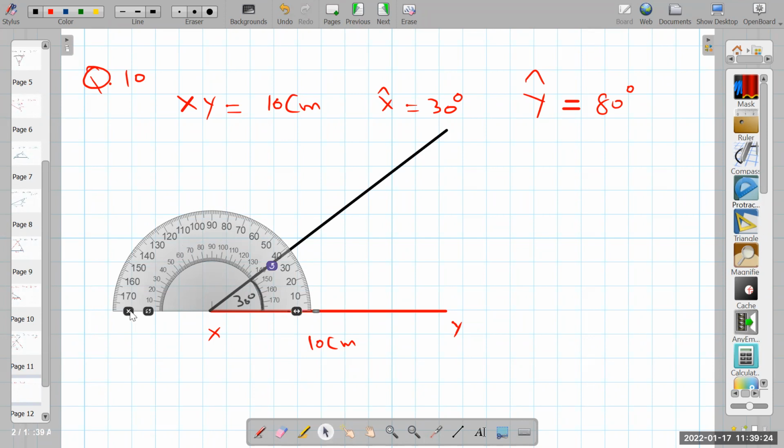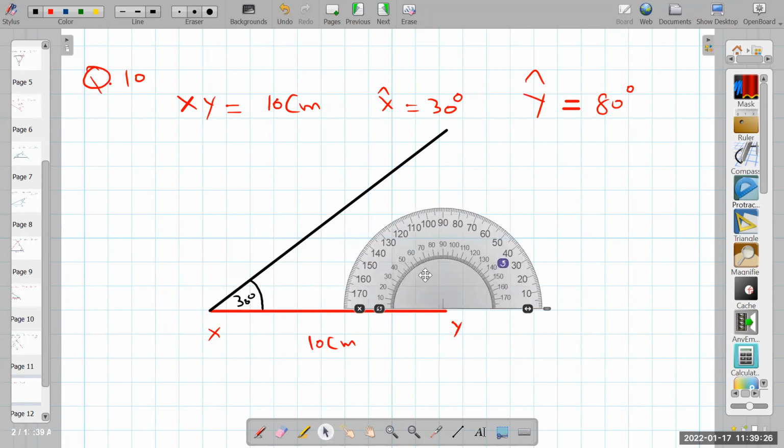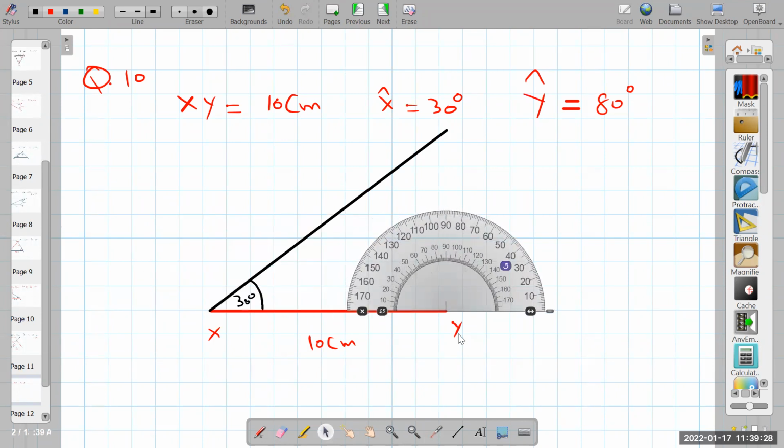And angle Y? Angle Y 80 degree. Where 80 degree comes here. Angle Y 80 degrees, 10, 20, 30, 40, 50, 60, 70, 80.